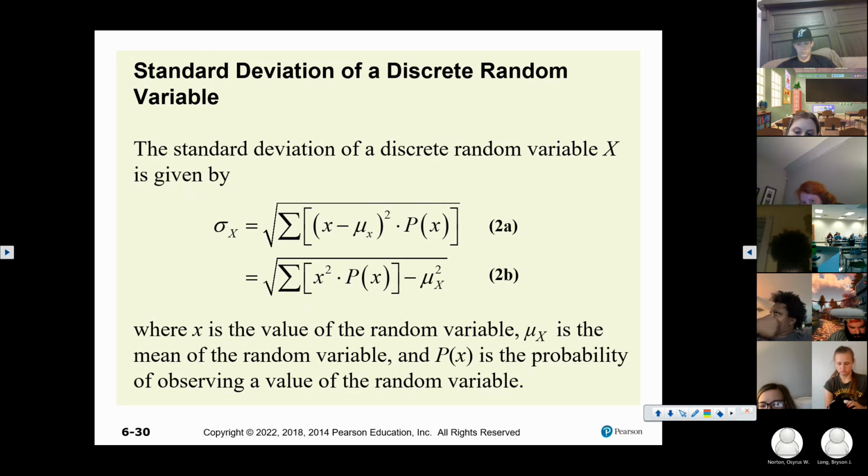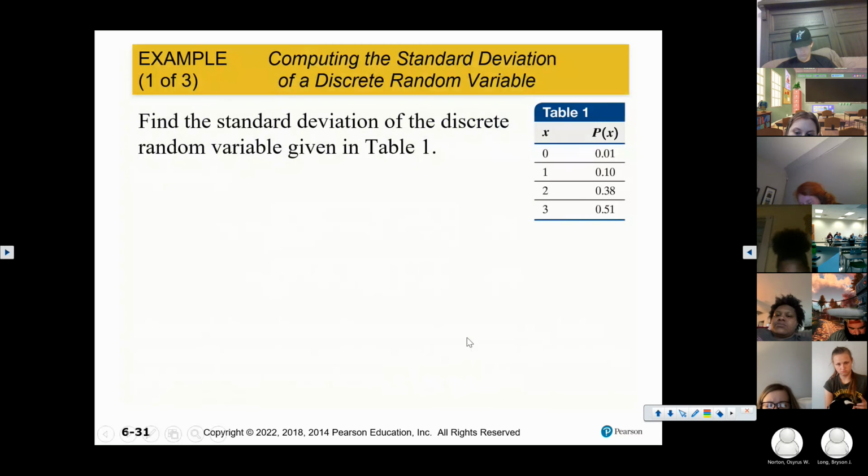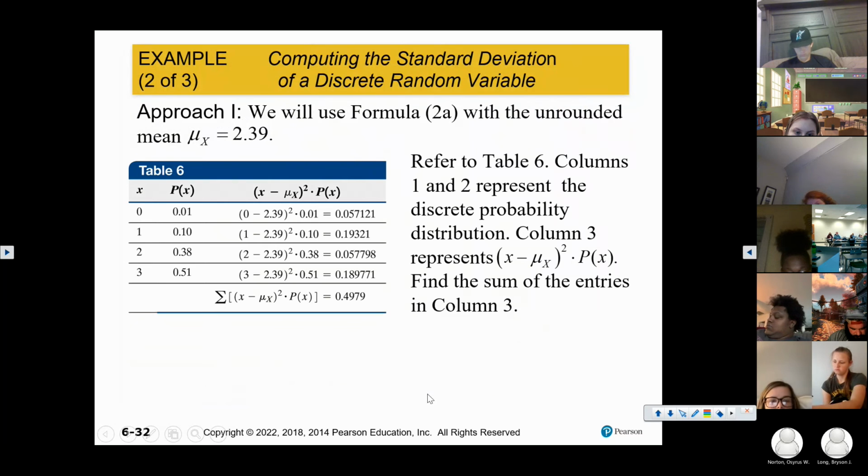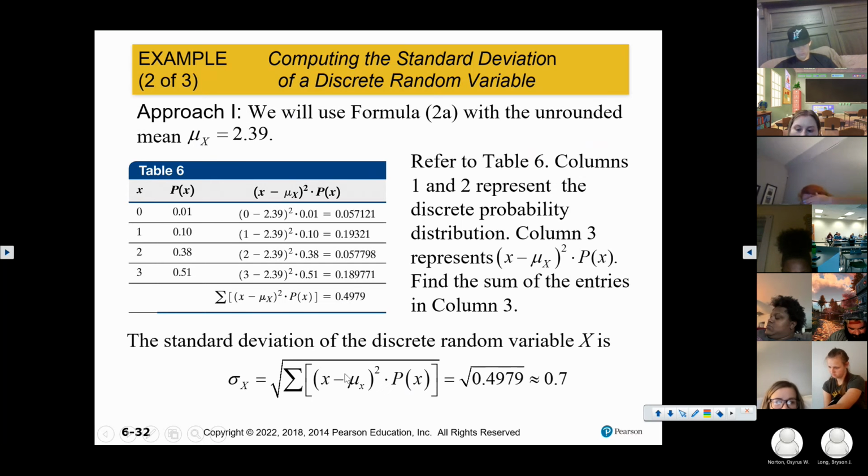So that's two test questions mathematically out of 6.1 that you could get. You take the square root of the variance to get the standard deviation.